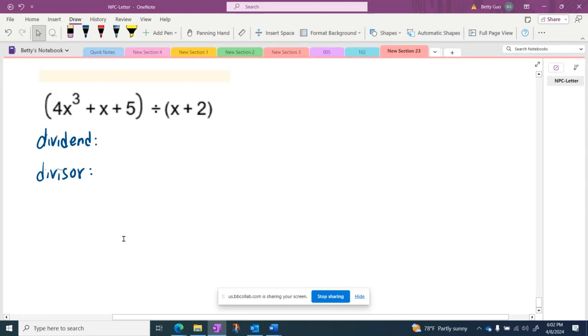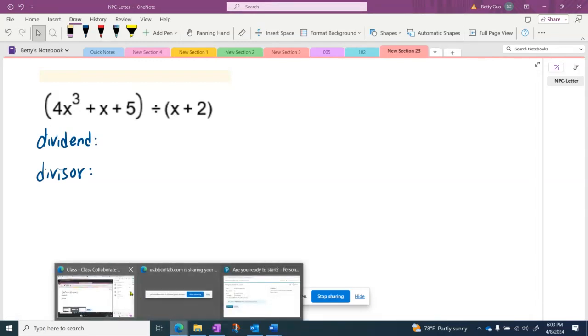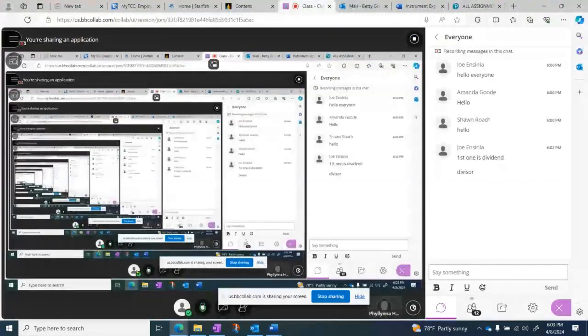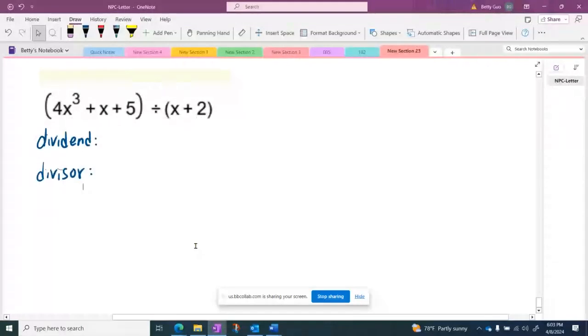Is x plus 2 the dividend or the divisor of the division? Divisor, thank you. Exactly, thank you, Joe. The first one is dividend, and the divisor in this case is x plus 2. Very good, x plus 2.